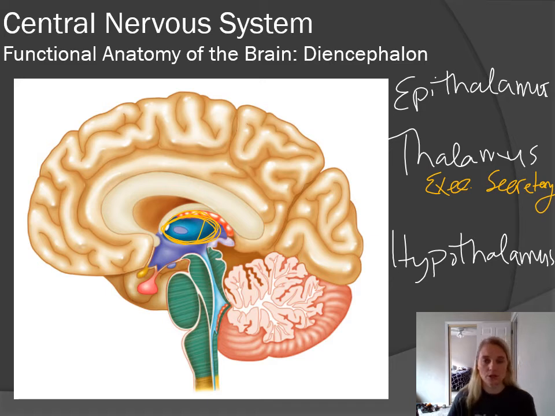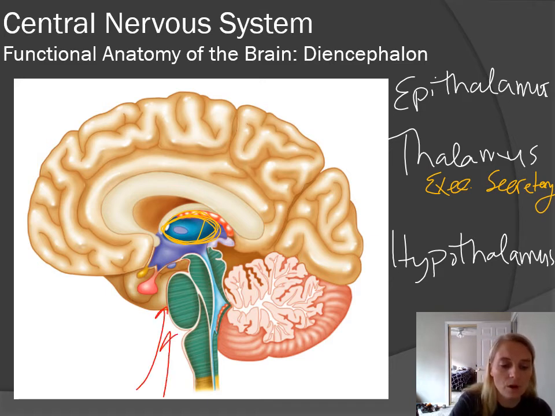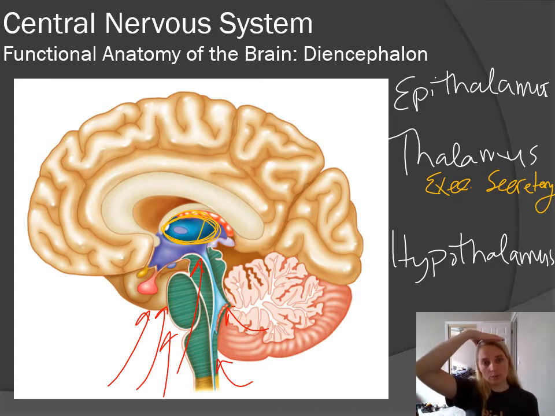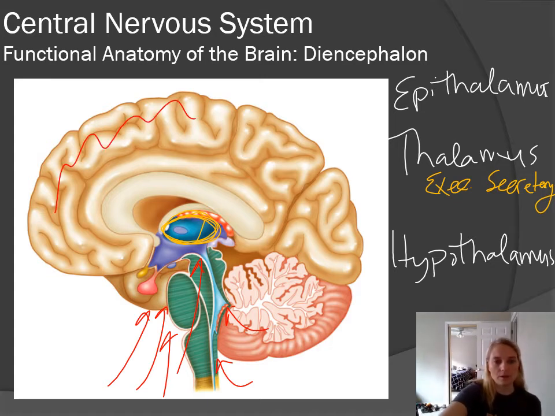Okay, the executive secretary. So all of this information is going to be traveling up from all parts of your spinal cord, different parts of your brain, all of this stuff. And the conscious awareness, all of this stuff up here on your cerebral cortex, is really busy dealing with a lot of things.